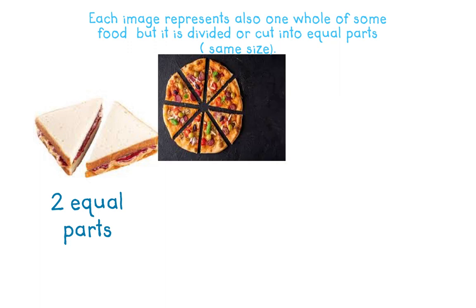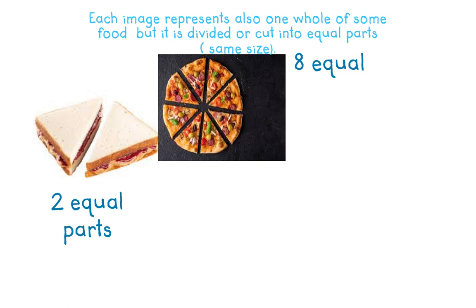Same thing for this whole pizza. It's a whole pizza, but it is divided into many pieces, and these pieces or these parts are equal. They are all the same, have the same size.